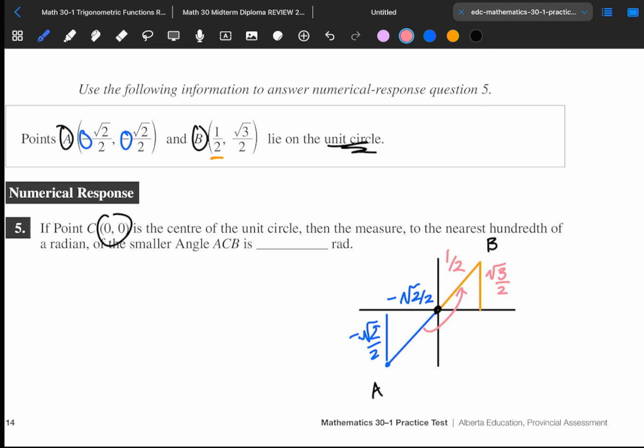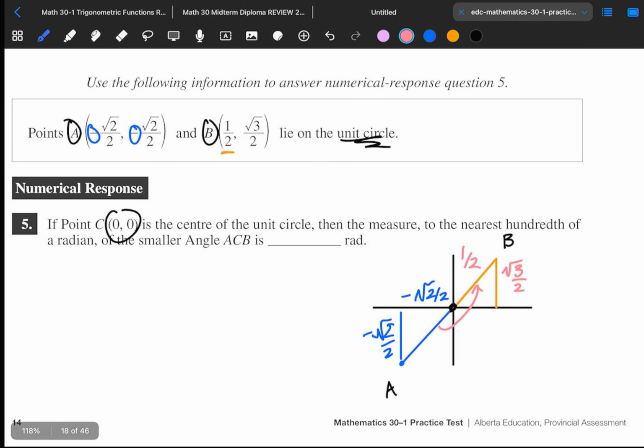So how do we find this angle? First of all, remember our coordinates, x and y, are just equal to cos theta, comma, sine theta on the unit circle. That's a key thing to remember.